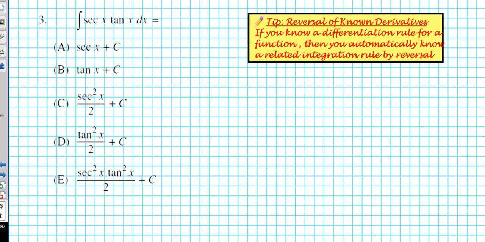So the formula that we're going to be using for this problem is as follows. The derivative of secant x is equal to secant x tan x.